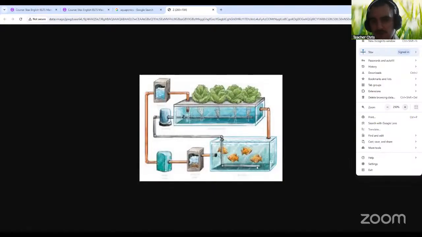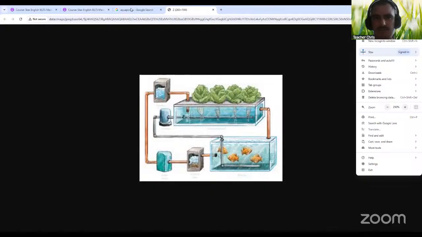Those nutrients are then absorbed by the roots of the plants. The plants grow above the tank, of course, and the roots reach down. They absorb the nutrients from the fish poop and clean the tank whilst also growing like this. And then the water can go back in.